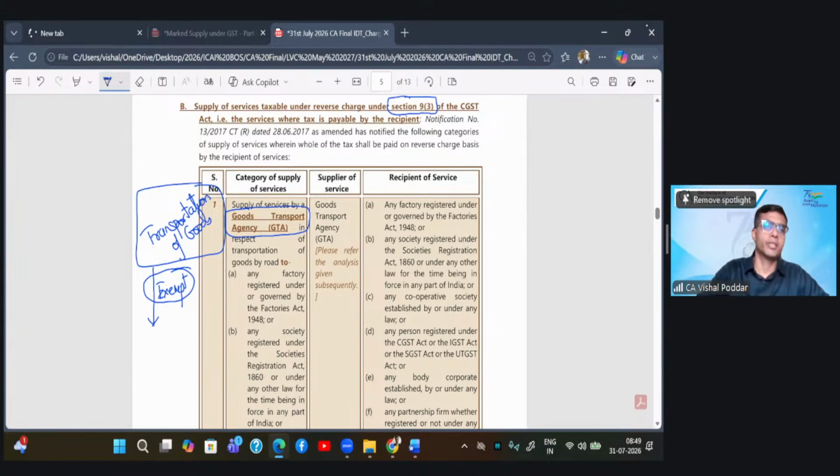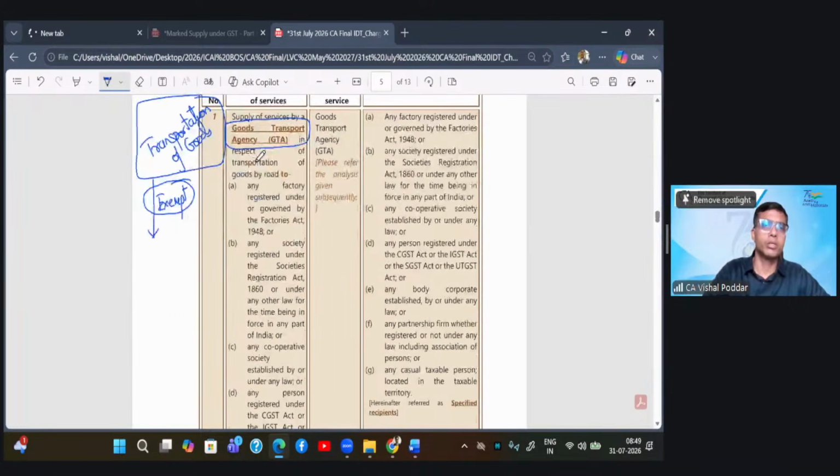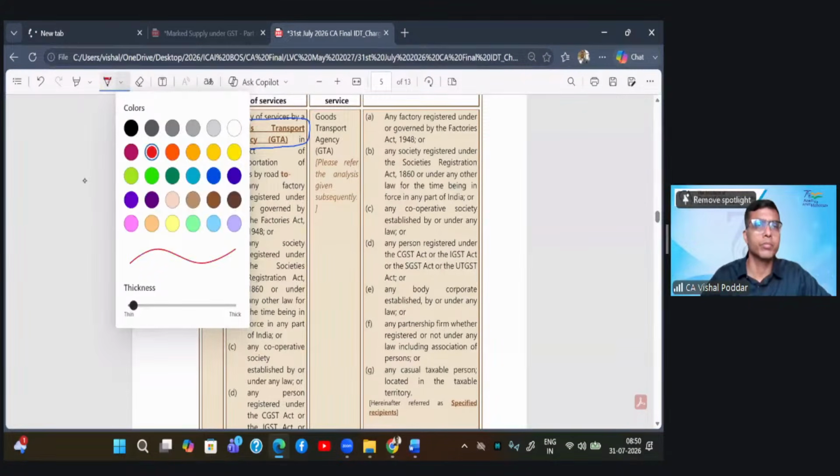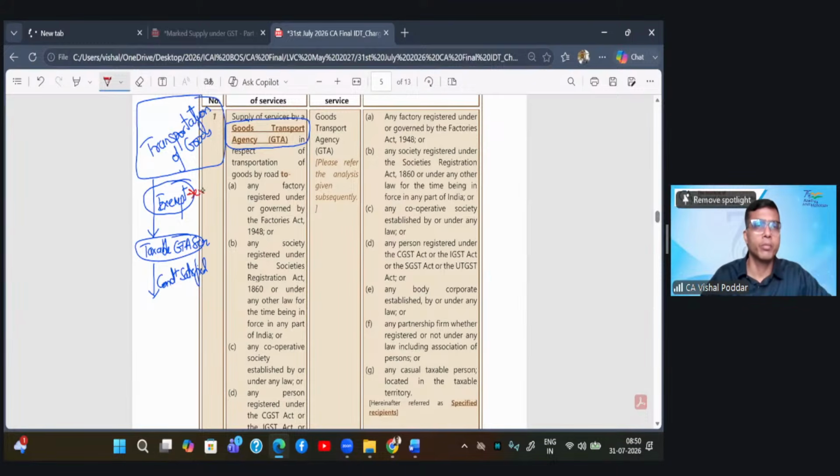Now what is not exempt? That is, what are the taxable services? So after removing the exemptions, we go to the taxable GTA services. Now in this taxable GTA services, if certain conditions are satisfied, so the exempt ones you have to exclude, right?